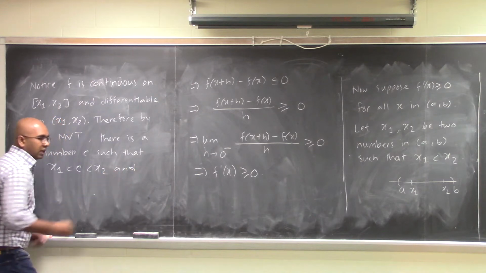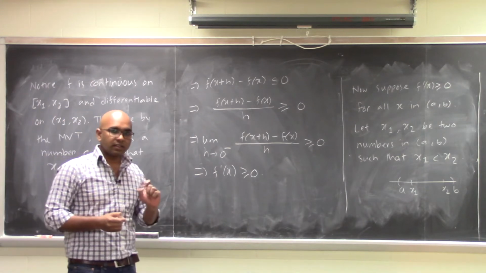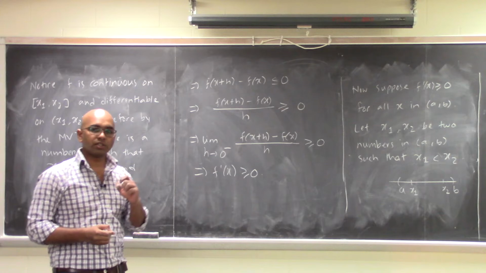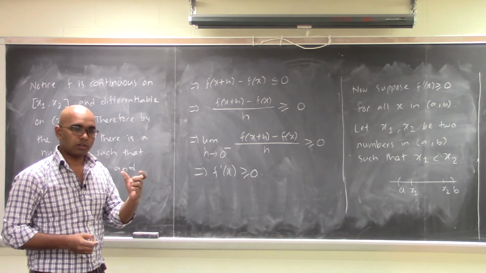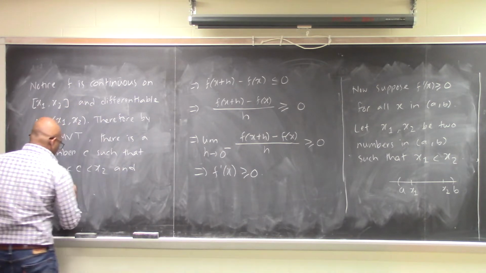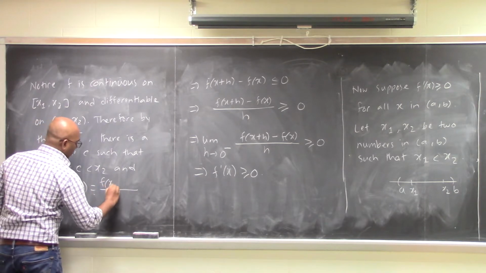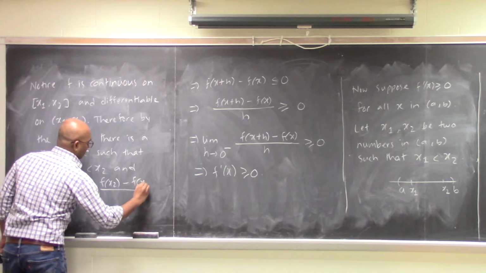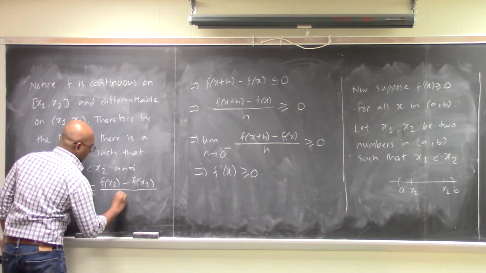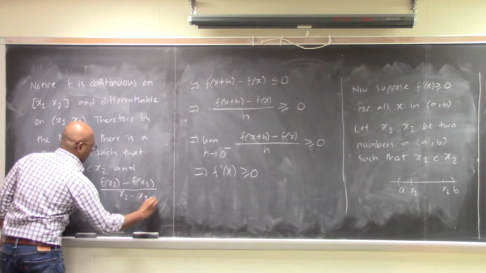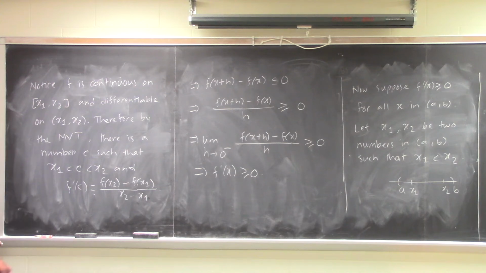And what happens? The slope of the tangent at c equals the slope of the chord, okay? f prime of c equals f of x2 minus f of x1 over x2 minus x1, right? So that's the conclusion of mean value theorem.